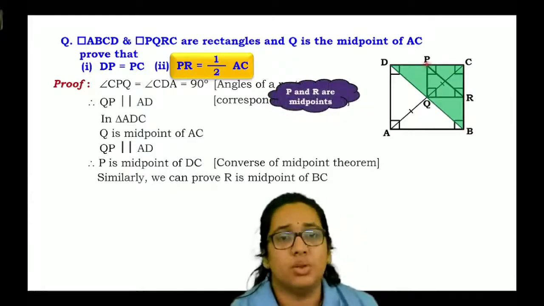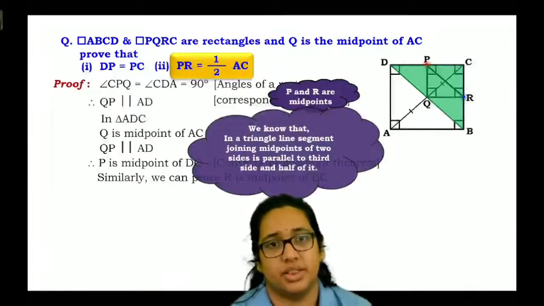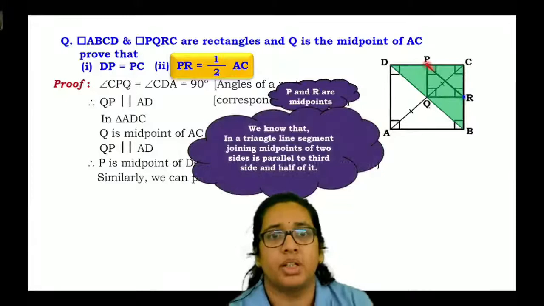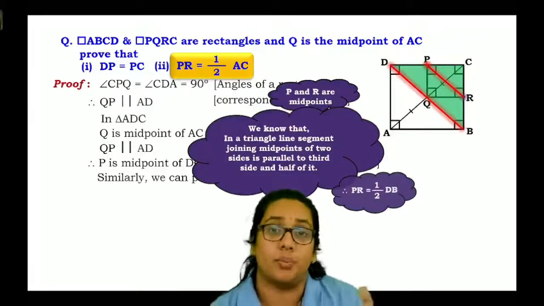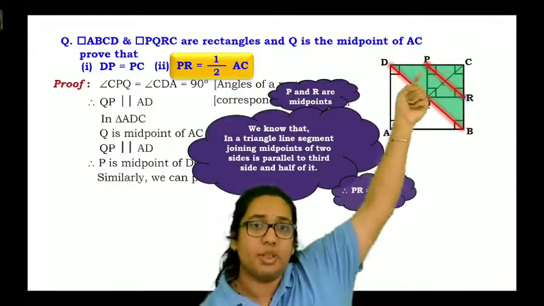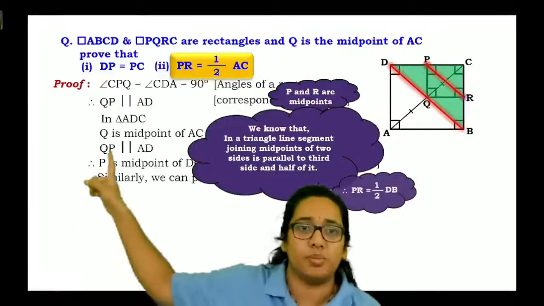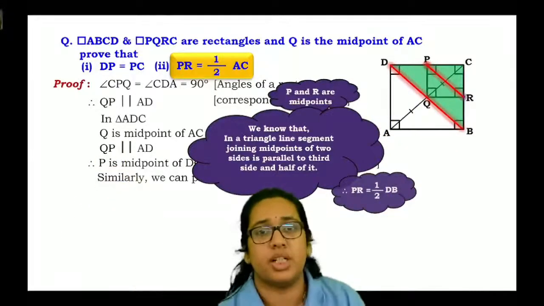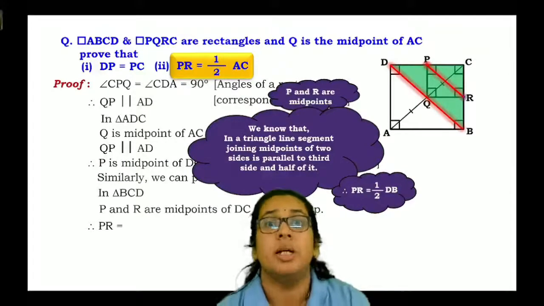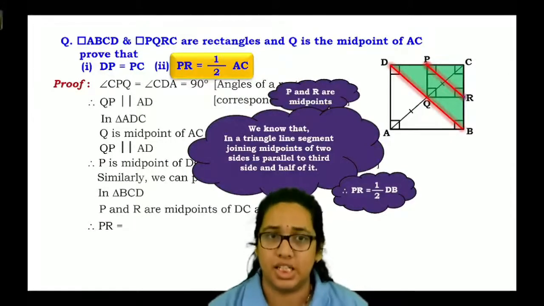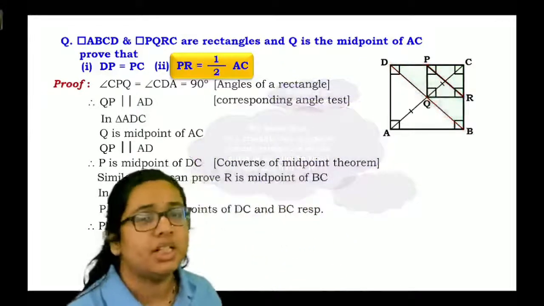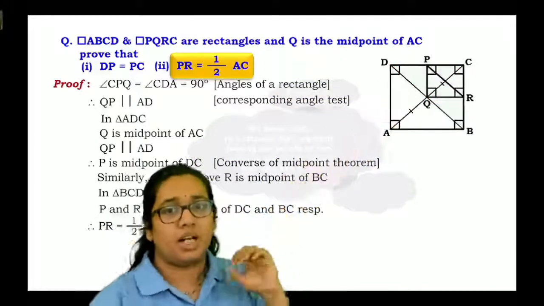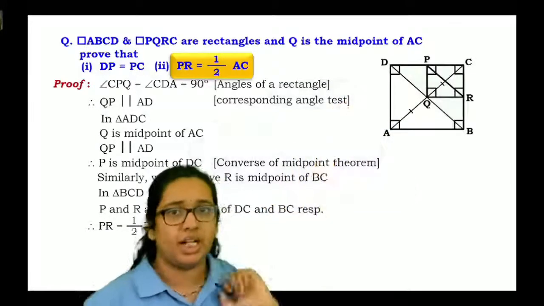Okay. Now just focus on the triangle. You know P will be a midpoint, R will be a midpoint, this is what we proved. So if we are talking about the triangle BCD, we know that P and R are midpoints of CD and BC.